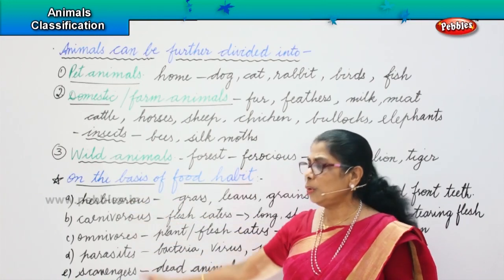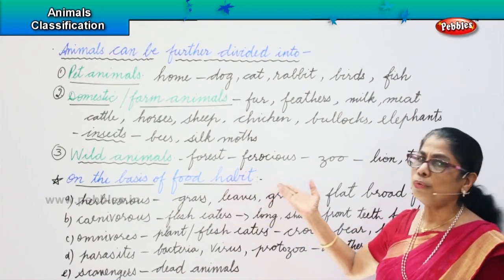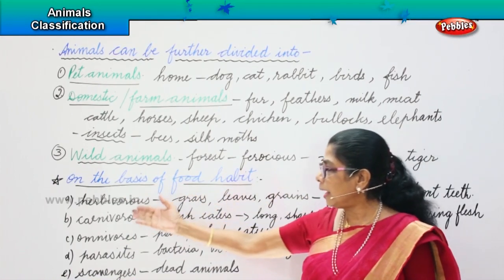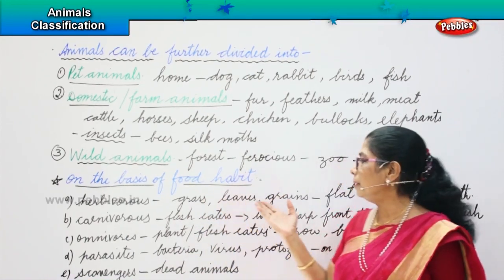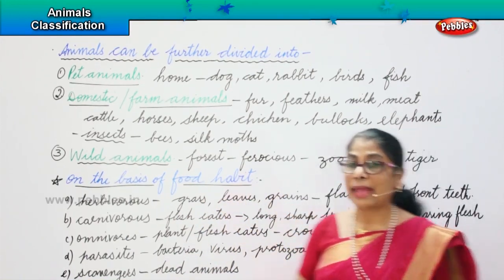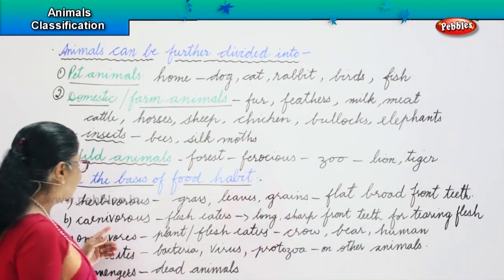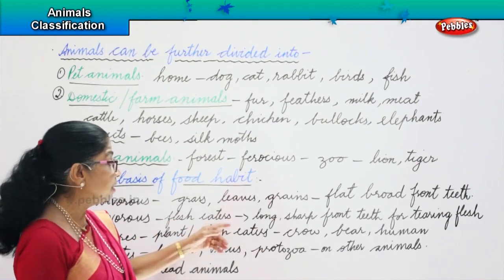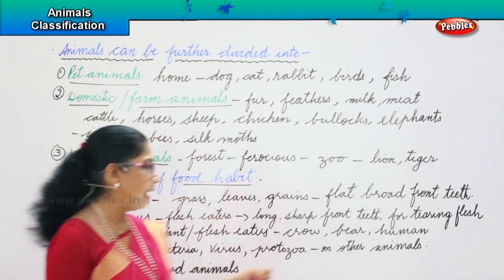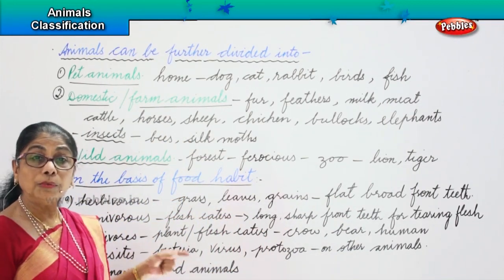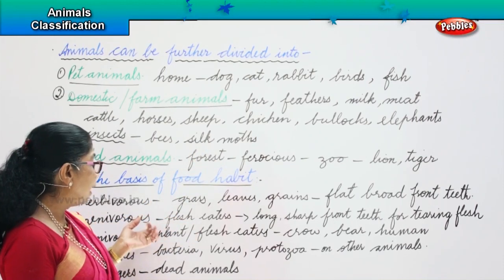Then again, we can divide animals on the basis of food habits. Now we have herbivores that eat only grass and leaves and grain, and they have flat, broad front teeth. Next, we have the carnivores that are flesh eaters. They have long, sharp front teeth for tearing the flesh of the animal. Next we have omnivores that are plant eaters and they also eat flesh of animals.